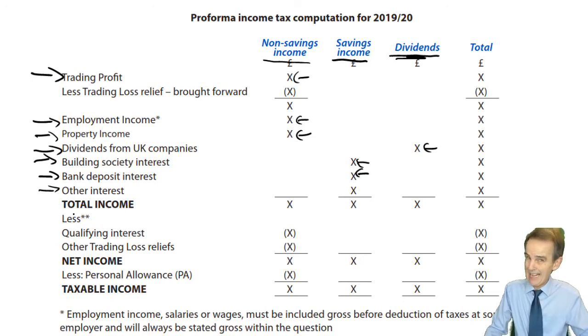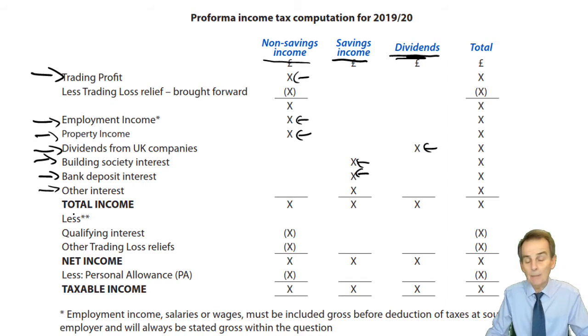Now I say may there because what we'll discover is that there are certain sources of interest, not too many of them, that are actually exempt from income tax. We will see that list of exemptions a little later on in this chapter, but that's what makes savings income, interest income, a little bit more, dare I use the pun, interesting, because we've got different types of taxable interest income, and we've also got a few examples of exempt income.